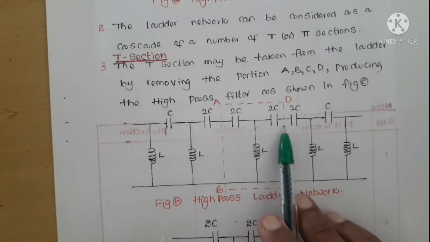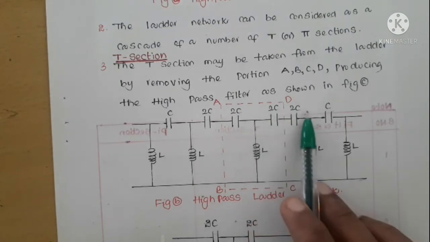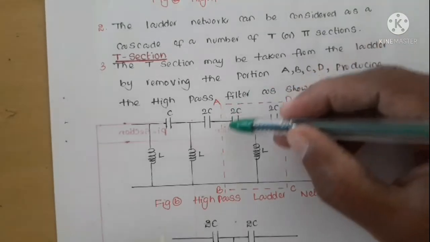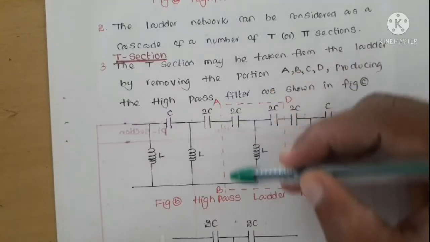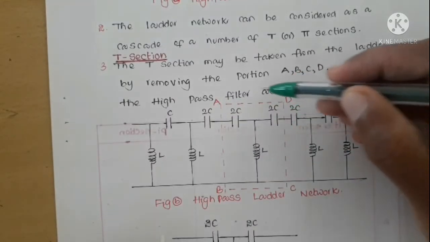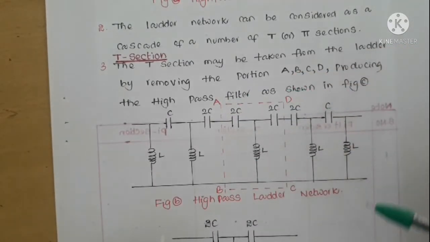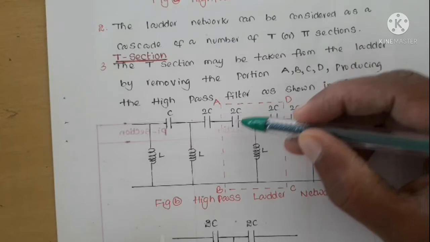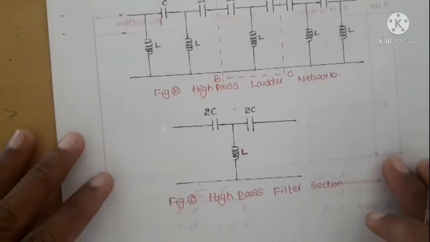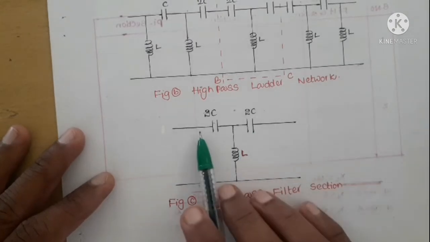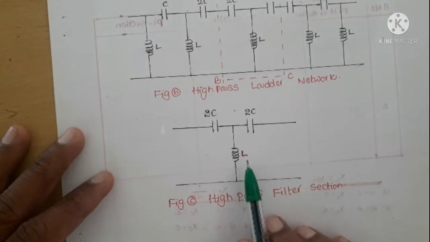When they are connected in series, the net value becomes C. In that way, we can now take out this section, which is a T section, A, B, C, D. For the high pass ladder network, if you want to represent this with T sections, this is one such T section: 2C, 2C and L. If you take that out, this is a high pass filter section, 2C, 2C and L.